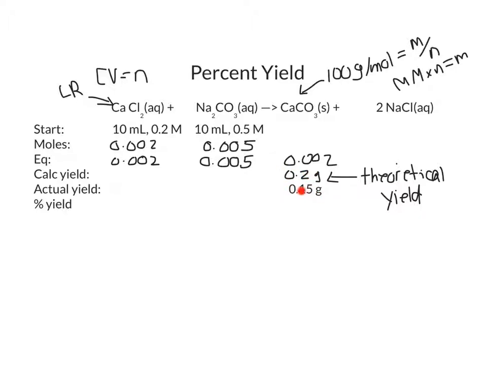My percent yield is going to be my actual yield divided by my theoretical or calculated yield times 100%. And so I will find that I got a 75% yield. And so this reaction was 75% efficient.